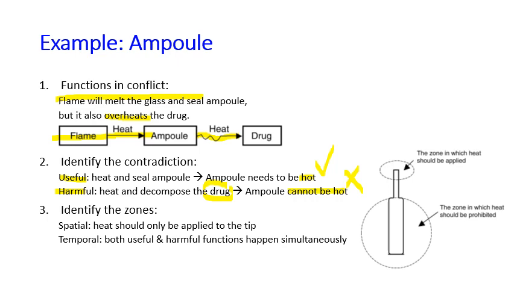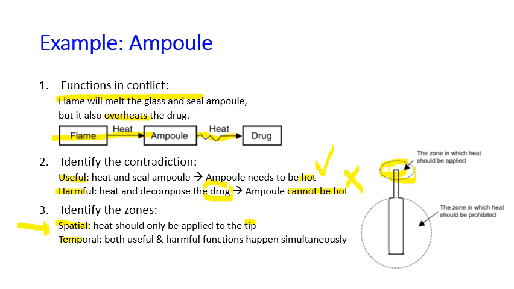So number 3, we identify the zone. From the spatial aspect, the heat should be applied to the tip, to the upper part of the ampoule, but not to the lower part. So from the spatial aspect, we see that we can separate it in terms of space, that the upper part should be hot, but the lower part shouldn't be hot.